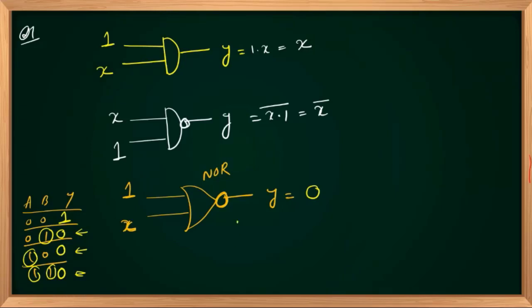What is the expression? 1 OR with X, the whole complement. 1 plus a variable is always 1, right? Whole complement, that will be 0. Okay, 0. Correct? Okay, correct. Question number 8.